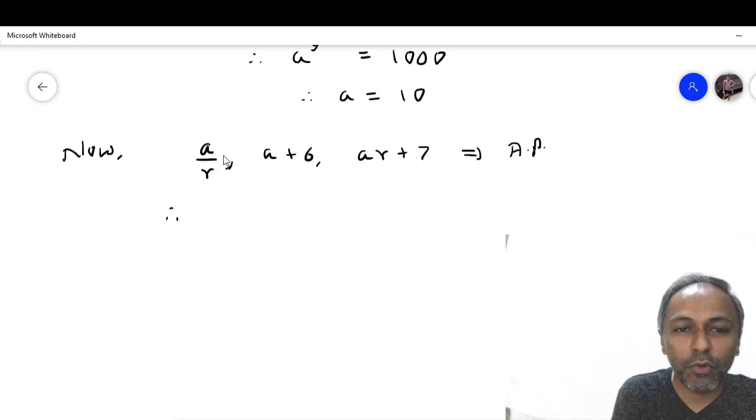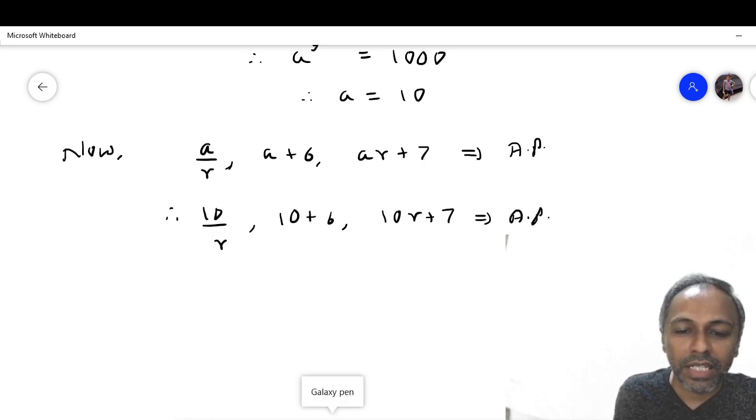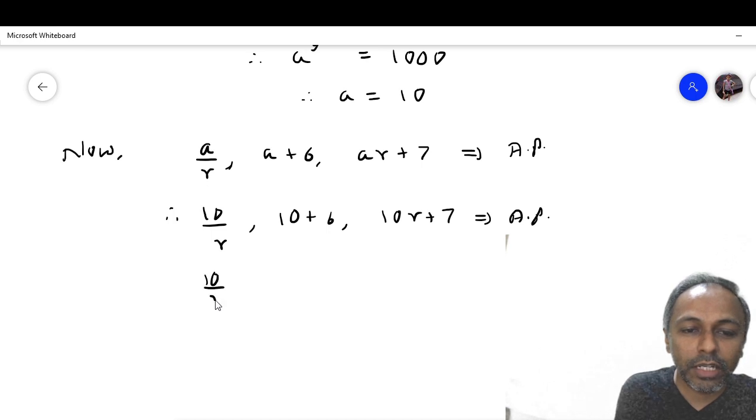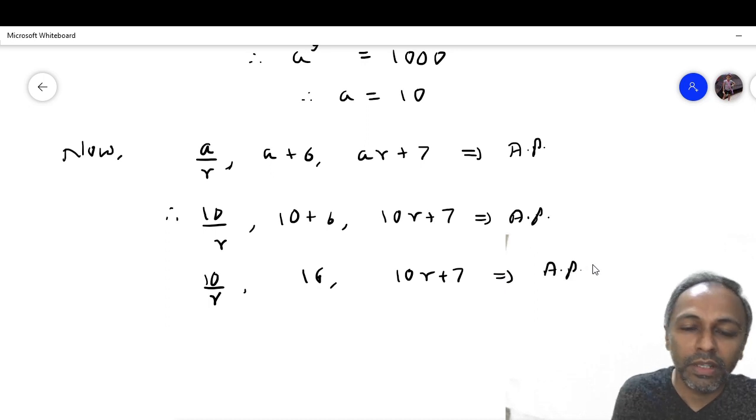Therefore, can we put A as 10 first? Let us do that. So 10 upon R, 10 plus 6 and 10R plus 7 is still in AP. Let us write this as 16. So 10 upon R, 16 and 10R plus 7 is still in AP.